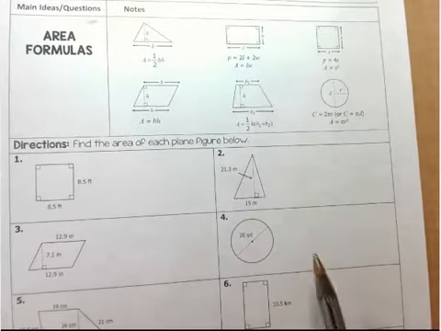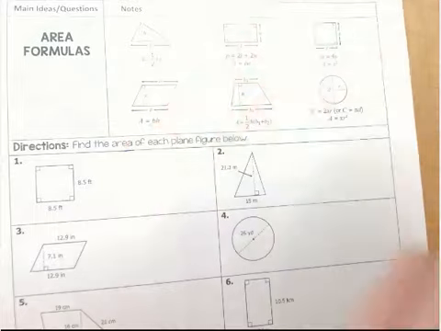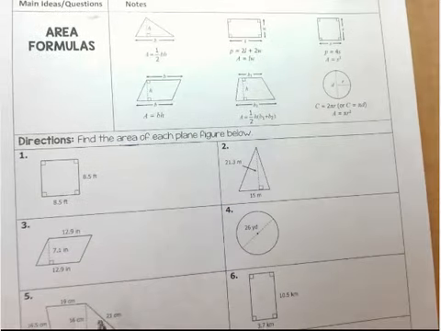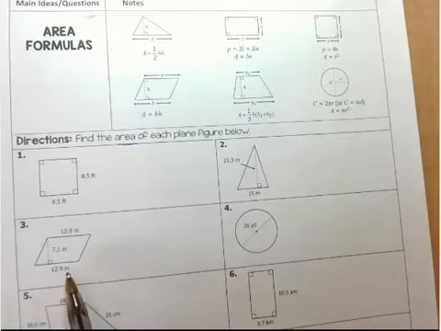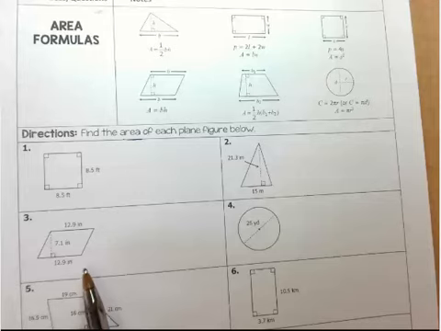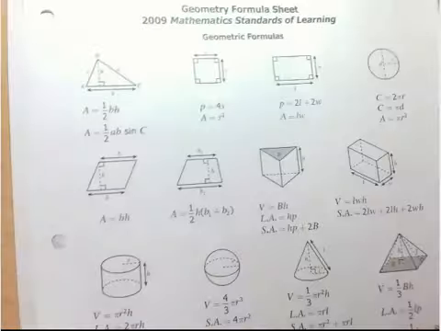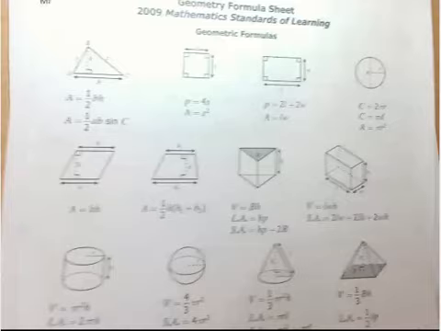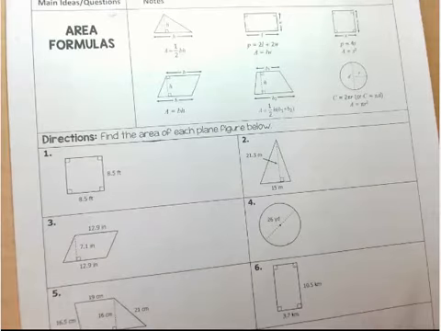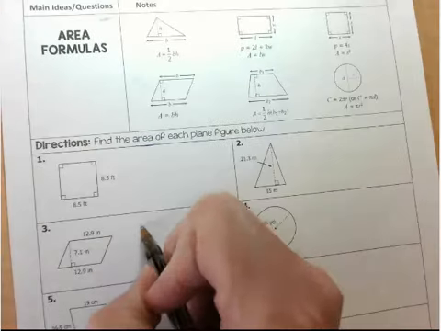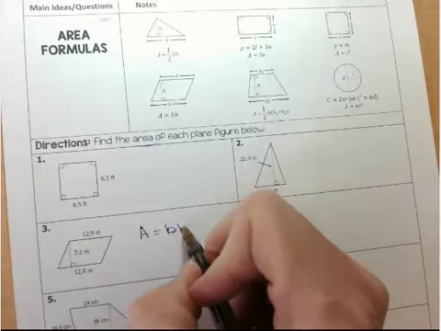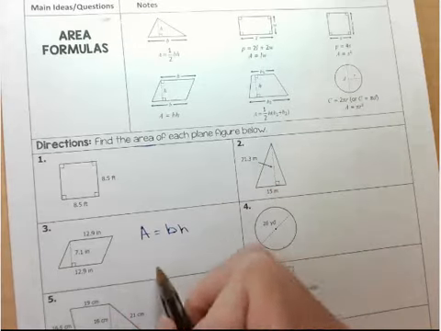So all of these here are finding the area. If we take one for example, we have a parallelogram on number 3, and the formula is right here on my sheet. The area is the base times the height. So I'm going to write area is equal to base times height, and then plug in my values.